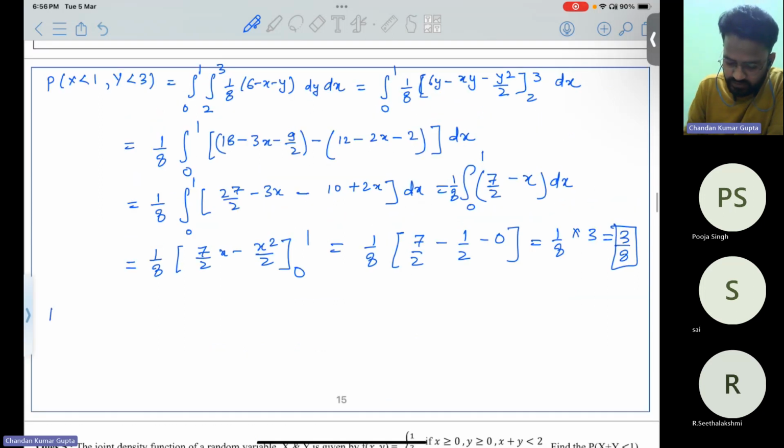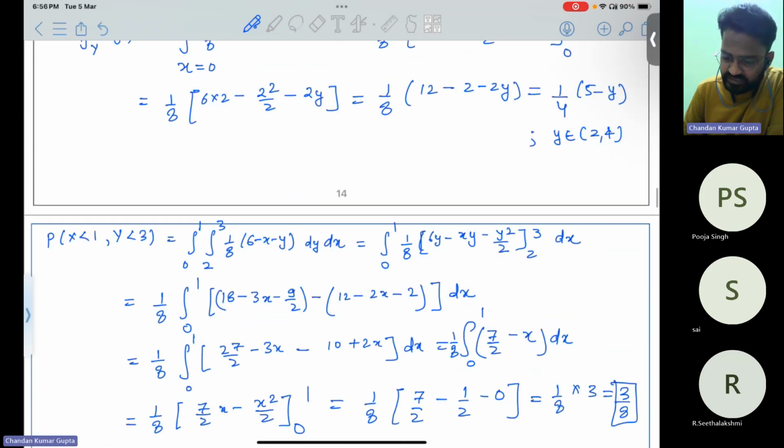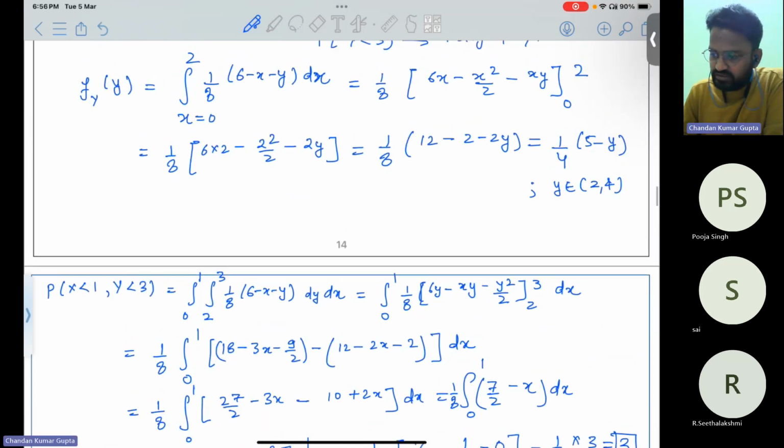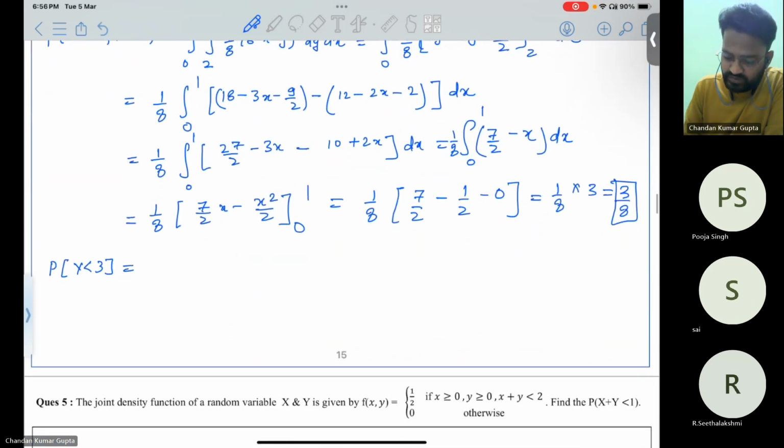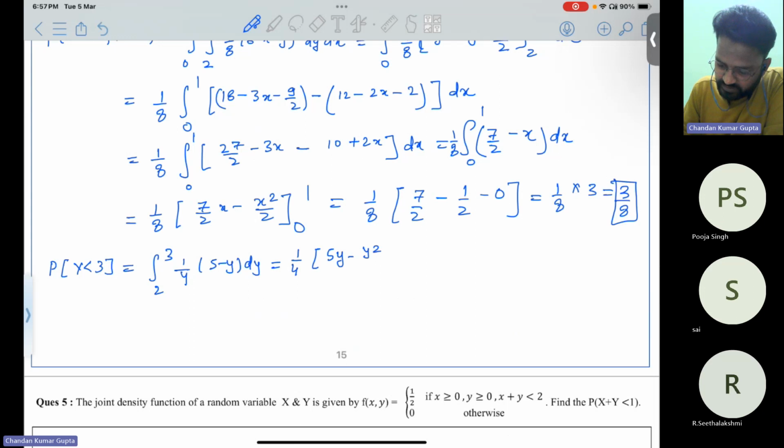We also need to calculate the probability that y is less than 3. Y less than 3 means from 2 to 3, and the PDF of y is 1 by 4 (5 minus y). So the integral from 2 to 3 of 1 by 4 (5 minus y) dy is equal to 1 by 4 (5y minus y square by 2) from 2 to 3.